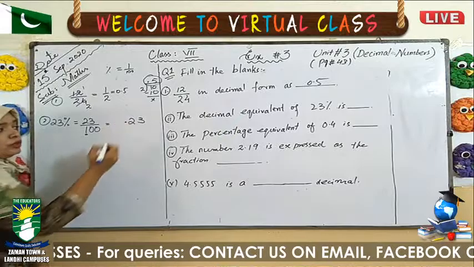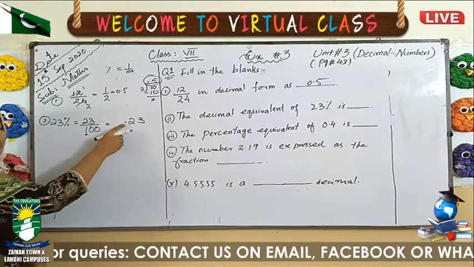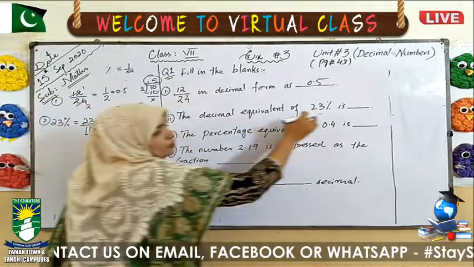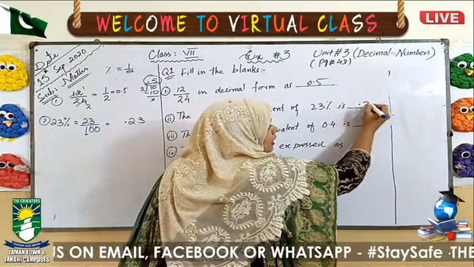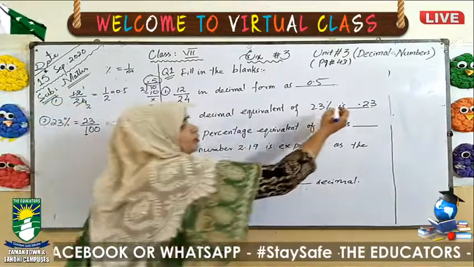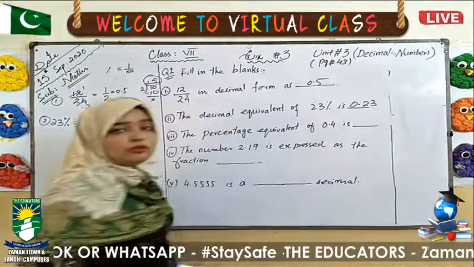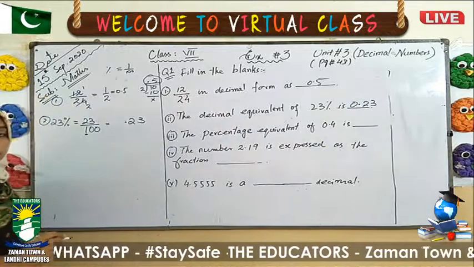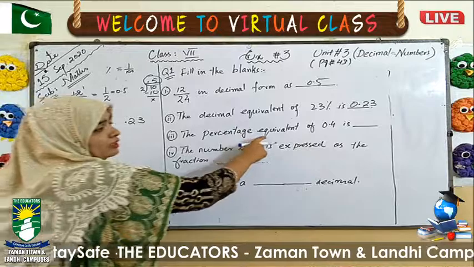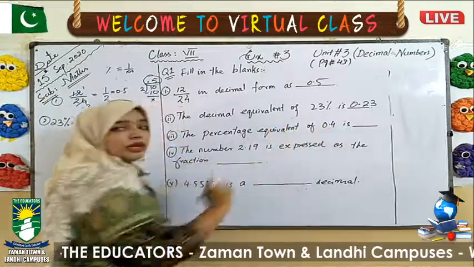After 2 places, you will write a decimal. So the decimal equivalent of 23% is 0.23. And if we don't have any number before the decimal, then we will write a 0. So our answer is 0.23. Now your third is the percentage equivalent of 0.4.